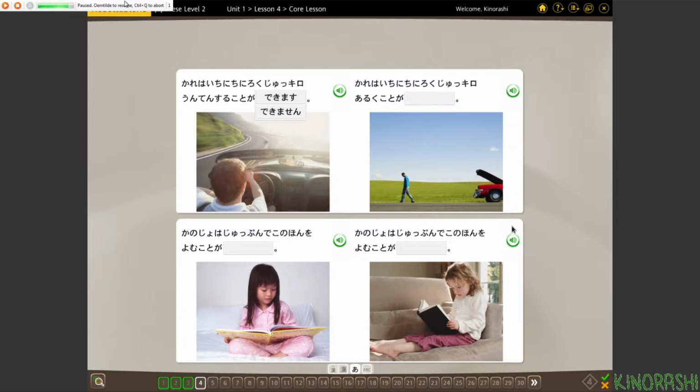Ni is used to express a point in time. I leave home at 6. 私は6時に家を出ます。Guessing 出ます is leave. So 家を出ます and then に.